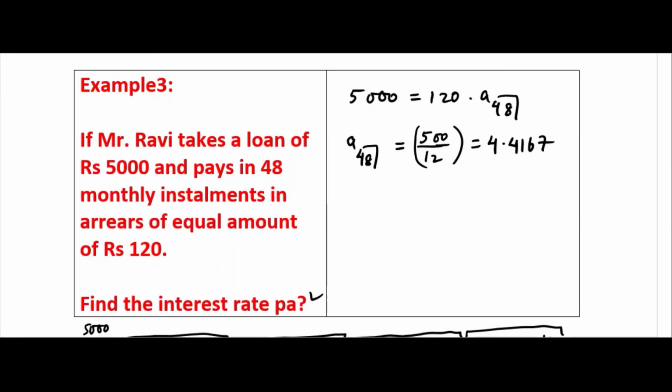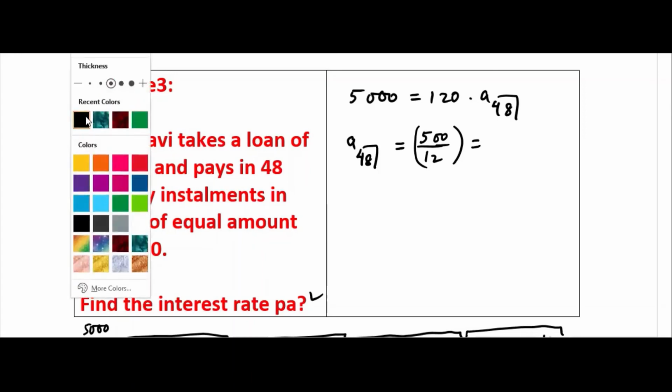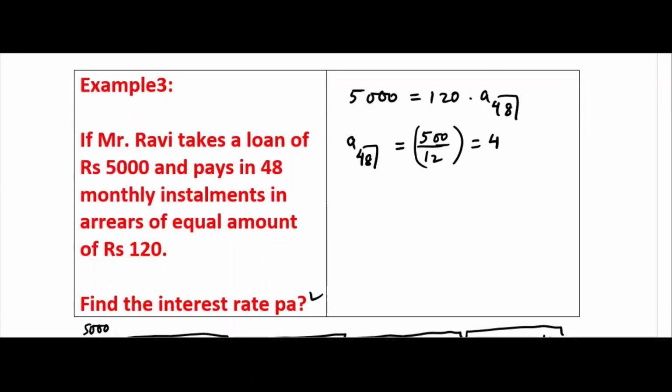Remove the 4 in front. What, 41%? Really, you get 41%? It's quite high. Interest rate is quite high. That's why I wrote 4%. Okay. 41.67. That means it's 0.41.67, right? In terms of percentage. The upper one is percentage. This one is decimal. Okay, that's fine then. All right.